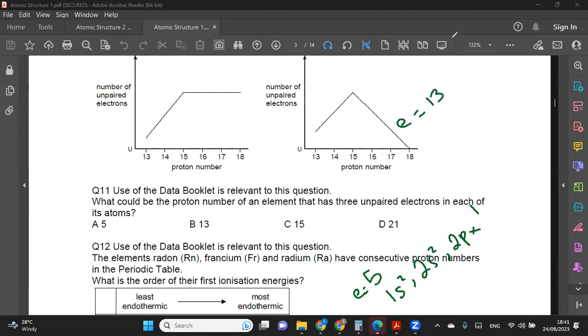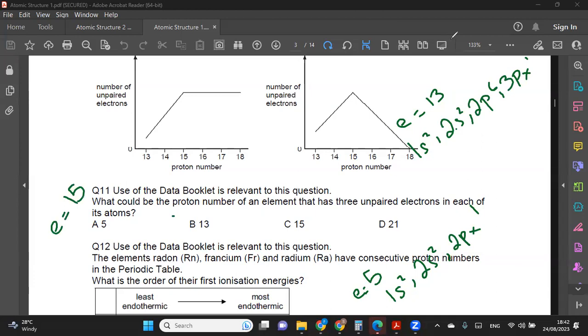Aruj, can you quickly tell me what the electronic configuration will be? 1s2, 2s2, and 2p6, and 3s2, sorry. Yeah, correct. Good. The next one is 15, where the electrons are 15.